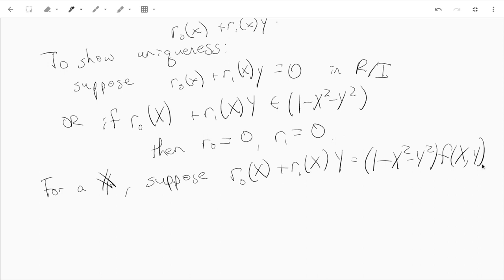But now let's view both sides as polynomials in y with coefficients in x. So this is a kind of trick, I guess.